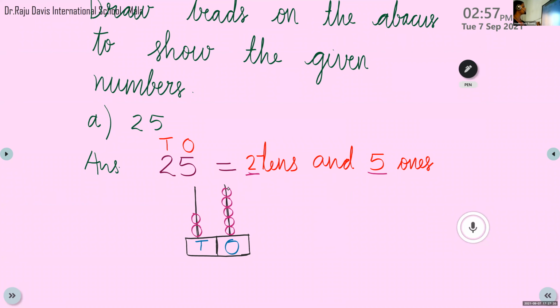Okay, we have to draw 5 beads on the ones space. Now all of you please draw.